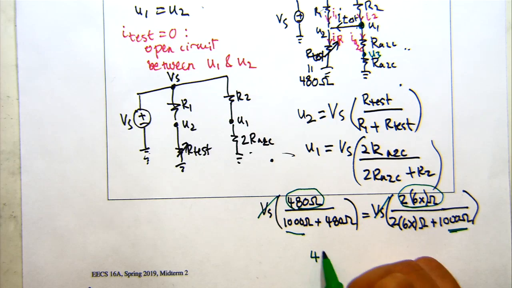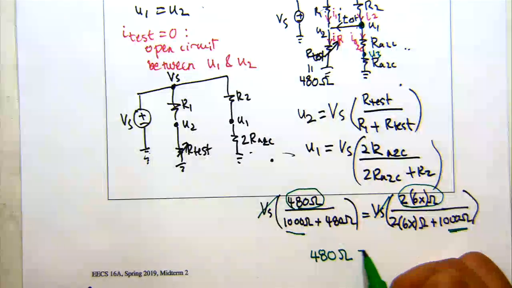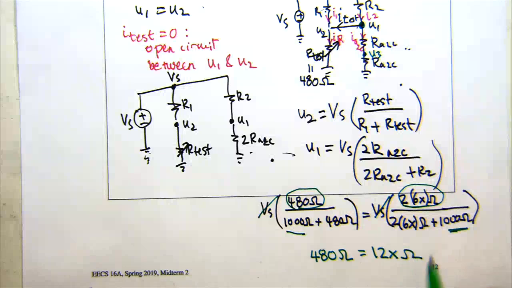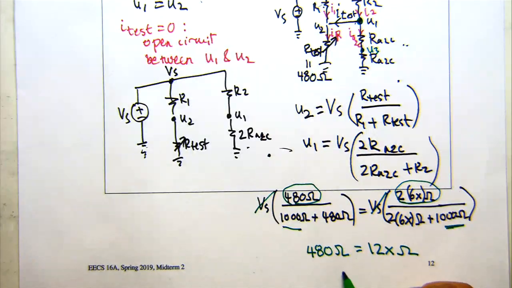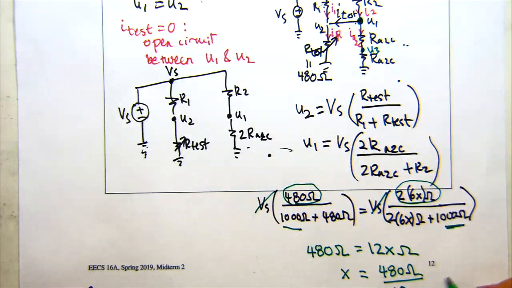So we just have to set 480 ohms equal to 12x ohms, right? And then now we can go ahead and solve for x. So x is going to be 480 ohms divided by 12. And so that will give us 40 kilometers.